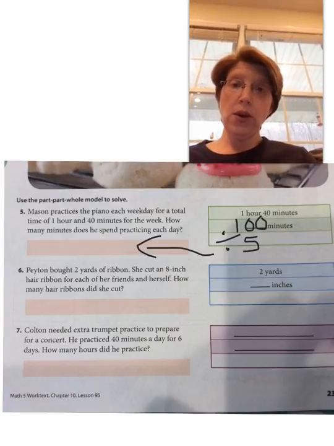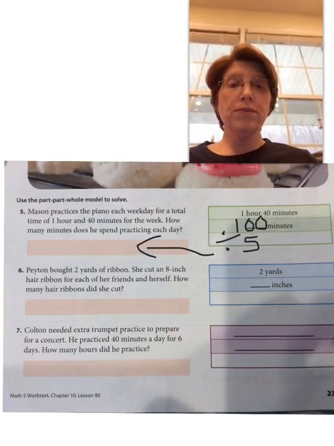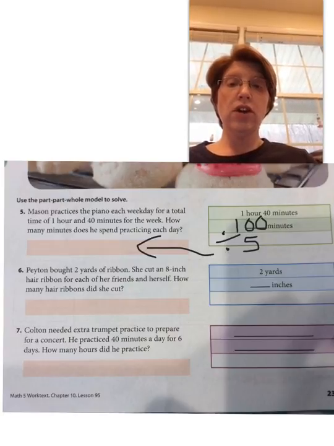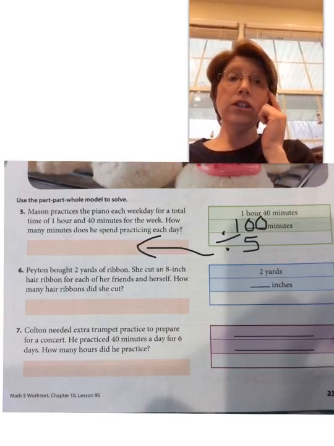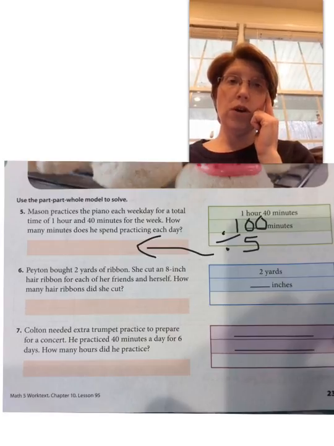Now look at the next one. Peyton bought 2 yards of ribbon. She cut an 8-inch hair ribbon for each of her friends and herself. How many hair ribbons did she cut? So we start with yards. Now you have to remember how many inches are in a yard. So let's think for just a moment. Did you find it? How many inches are in a yard?